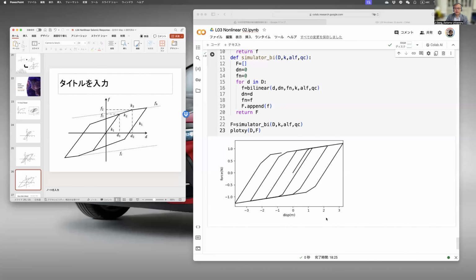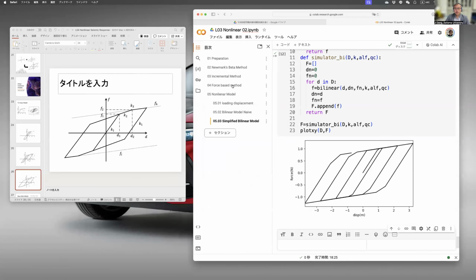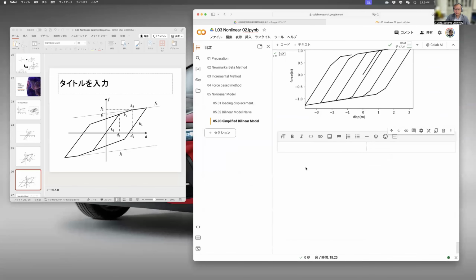So let's see some examples of the trilinear model, firstly with a zero third gradient. Okay, 5.04 trilinear model.